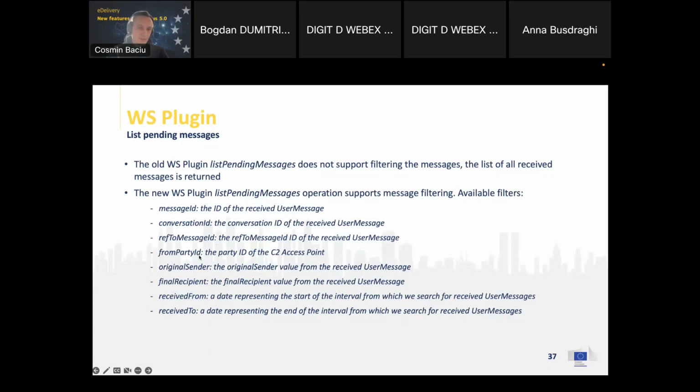Then you can also filter by the party ID, so the party ID of the C2 access points. And also other useful filters are original sender, final recipient, and you can also filter messages which were exchanged during a specific interval, so from date to date.